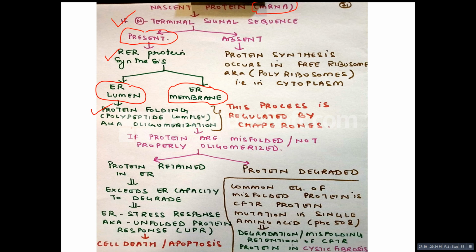If the proteins are misfolded or not properly oligomerized, two things can happen. Either the protein can straight away be degraded, or the protein is retained in the endoplasmic reticulum, and the endoplasmic reticulum will try to degrade the protein by itself.